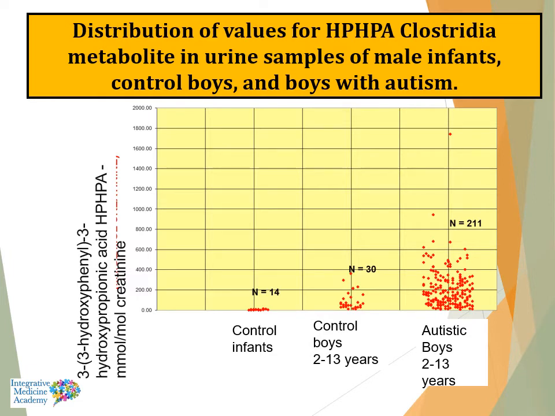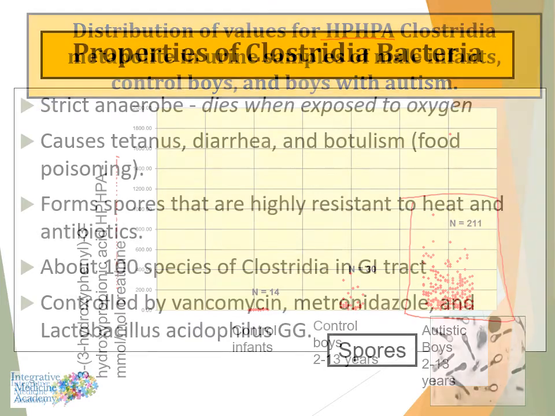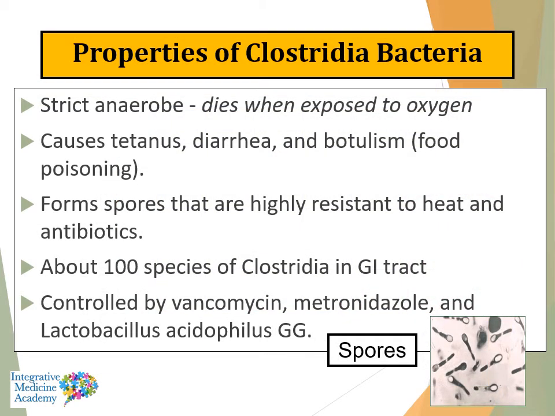We also know that autistic individuals tend to have high levels of this particular compound called HPHPA, the same compound that was just profiled in the previous patient with schizophrenia. What ends up happening in many kids with autism who have high HPHPA or Clostridia in general is they can have a lot of behavioral problems, sometimes self-injurious behavior as well as aggressive behavior.